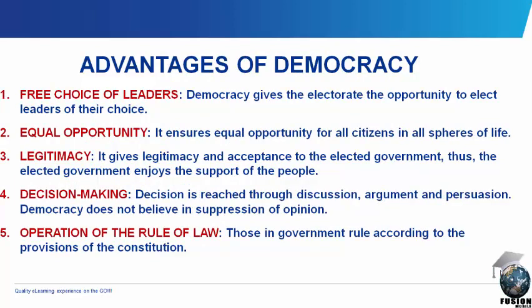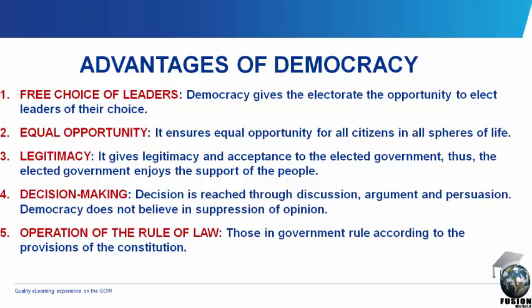Advantages of democracy. Number one, it gives the electorate the opportunity to elect leaders of their choice. Number two, it ensures equal opportunity for all citizens in all spheres of life. Number three, it gives legitimacy and acceptance to the elected government. Thus, the elected government enjoys the people's support.